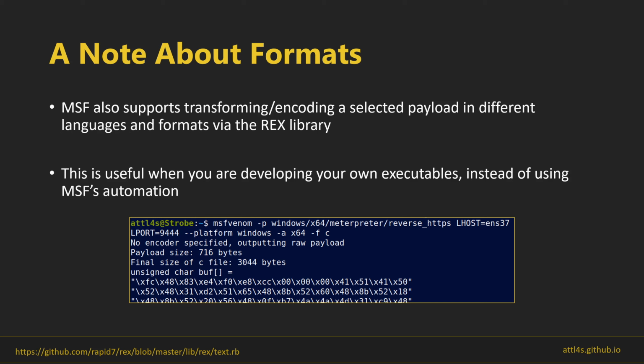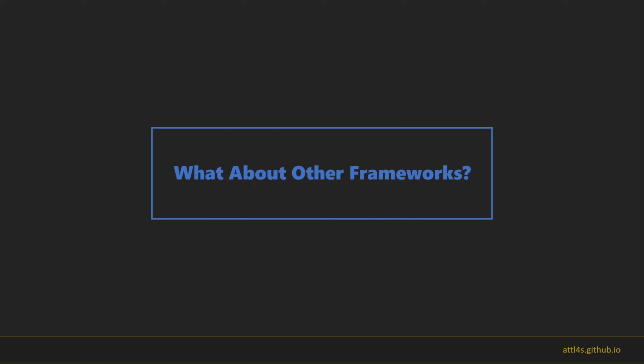So that's very handy. If you want to use this shellcode in a C template, in a custom template we've been doing, we can just specify the format C, and Metasploit is going to spit out the code, so we can copy paste. So that's useful.